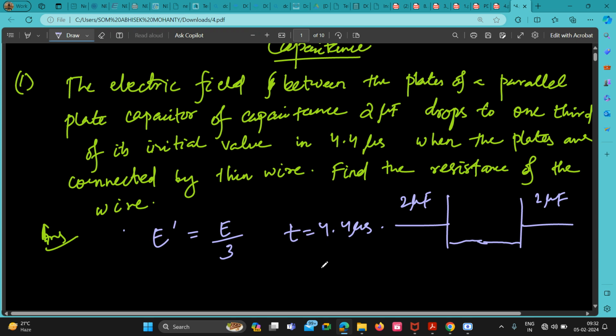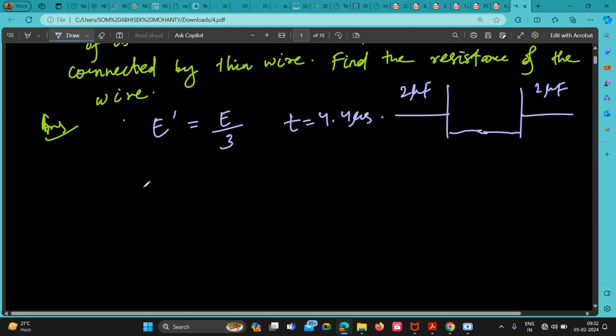When these two plates are connected by a thin wire, your charge will reduce also. The formula for the change in charge is Q is equal to Q naught e to the power minus t by RC.